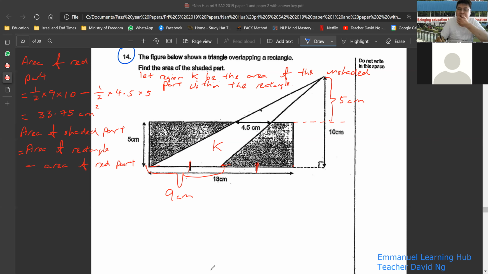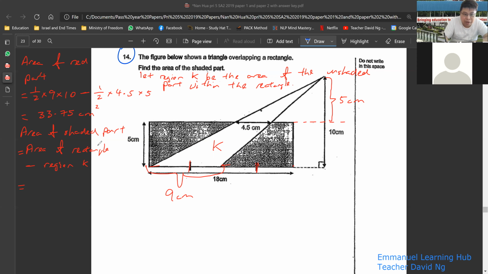Like that is very clear. So that here, instead of writing area of red part, because you cannot say area of red part, you just write minus region K, because earlier on you already specified what your region K is. Make sense?